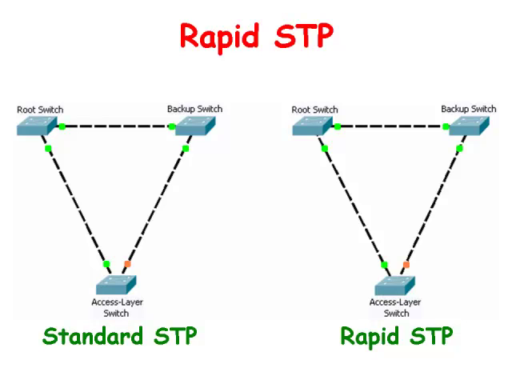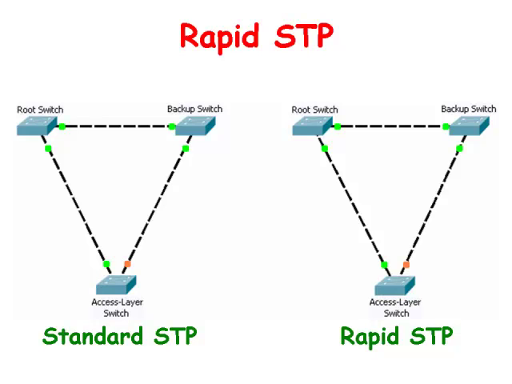While standard spanning tree takes from 30 to 60 seconds to respond to a topology change, rapid STP is typically able to respond to the changes within 6 seconds of indirect link failures or within a few milliseconds of a direct physical link failure.